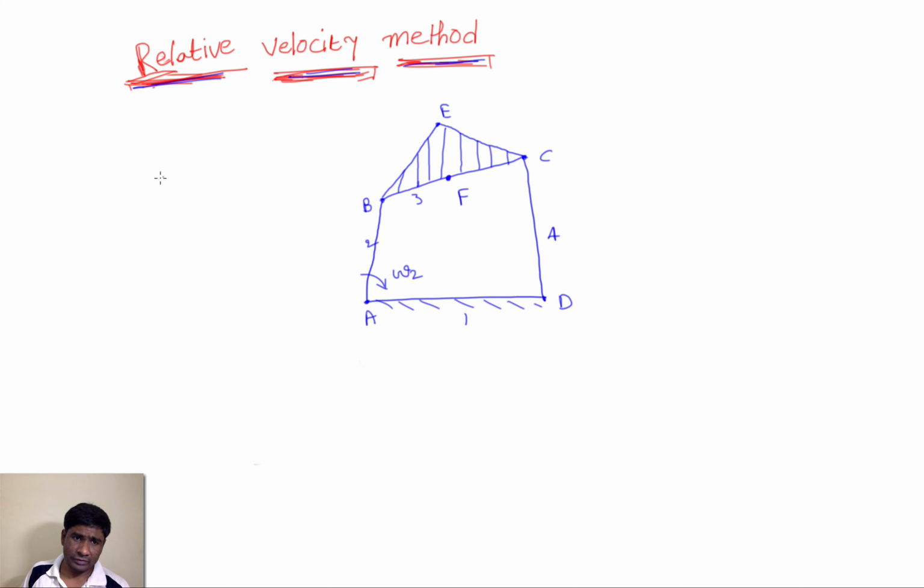So using the basic concept that we just learned, we can find the velocities of any given mechanism. Before proceeding, we need to remember a few things.